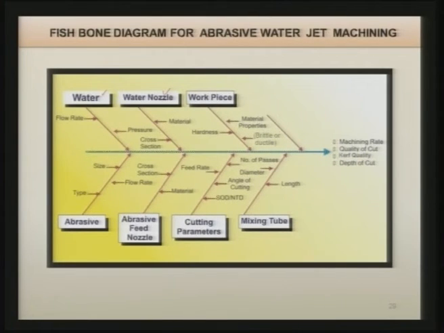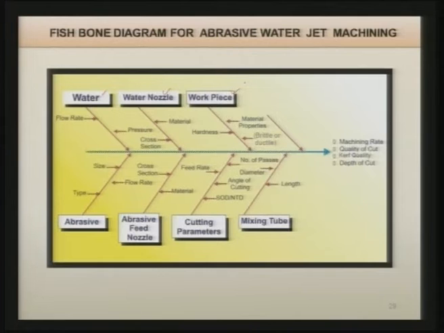Then there is a water nozzle, material of the water nozzle is important as we have already seen, and the cross section of the water nozzle, it can have a circular cross section, it can have a rectangular cross section also. Then the hardness of the workpiece is a very important parameter. Other material properties are also equally important.